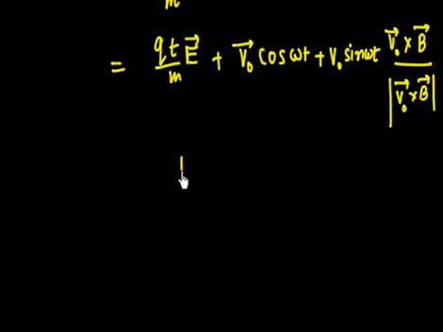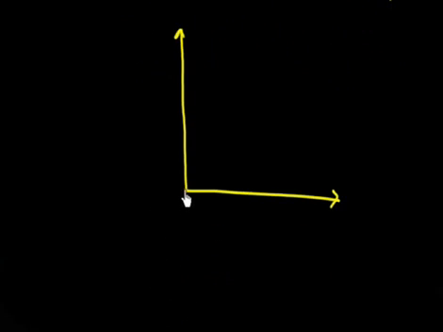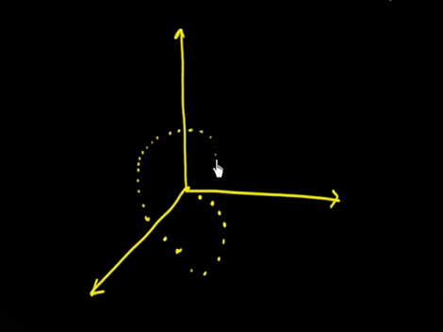So how will it look? It's a spiral kind of thing, easy. It goes something like this. It is moving along this line, but it's also moving in the B direction. Are you getting? So it will have a spiral path.